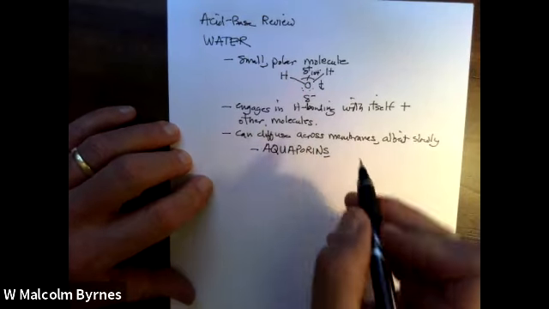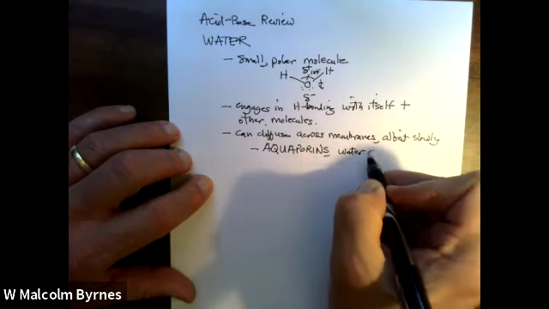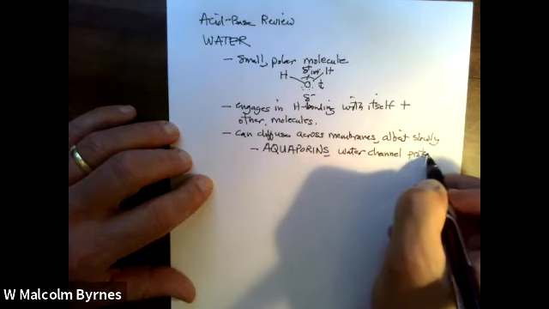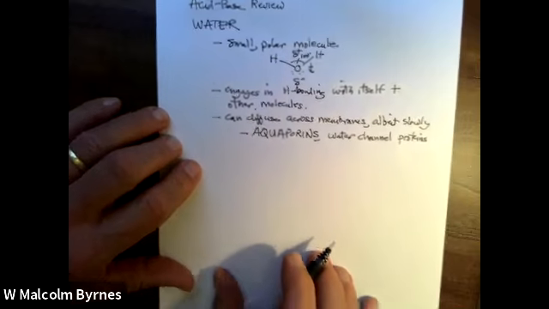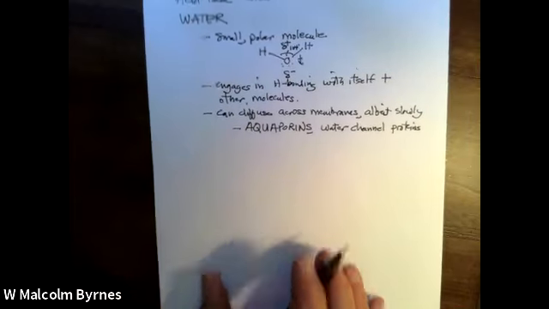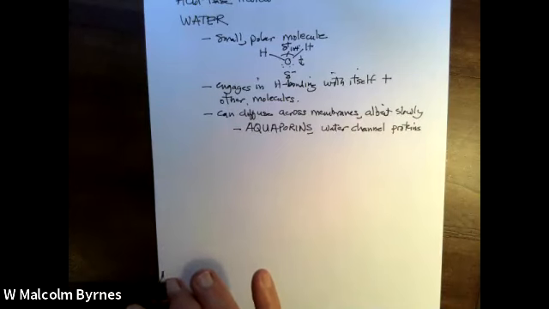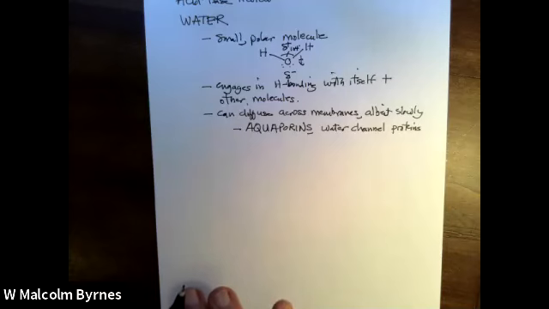So they're water channel proteins. Again, all of the properties of acids and bases and of osmotically active species ultimately depend on the properties of water, and we're going to see some of that later.